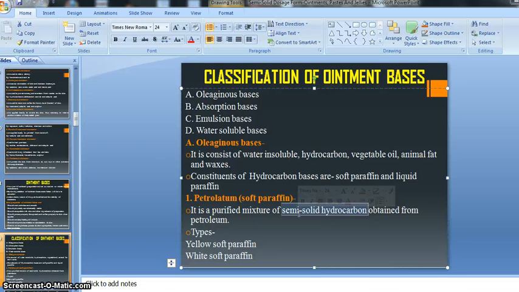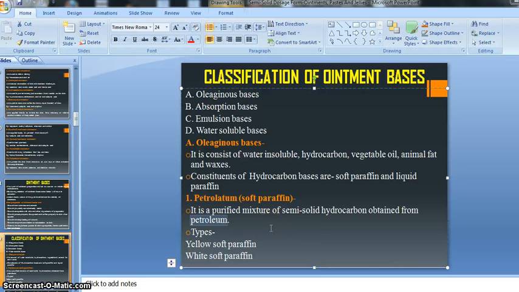Don't forget these words: purified mixture of semi-solid hydrocarbons obtained from petroleum. Petroleum is a liquid mixture, obtained from rock by the extraction process. By the extraction process we can obtain petroleum, which is a liquid mixture of hydrocarbons.